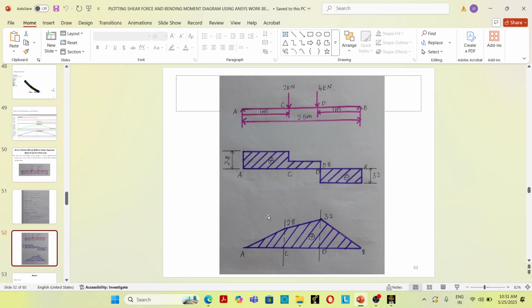So we are going to draw the shear force diagram and bending moment diagram using Ansys Workbench.